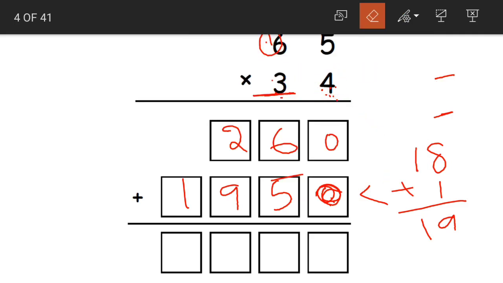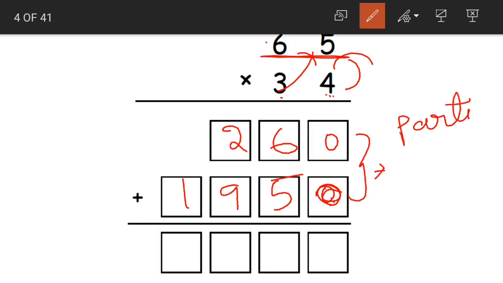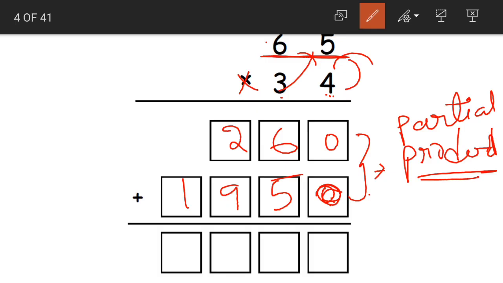Okay children, our problem is almost done now. What did we do? First we multiplied the multiplier 65 with 4 and then with 3. Yes, now what are these two called? These two are called as partial products. Yes, these we got by multiplying, so these are called as products, but it is not our final answer, so it is called as the partial products.